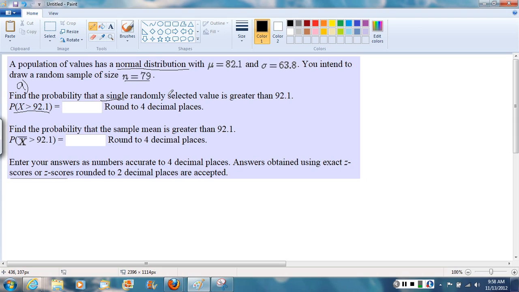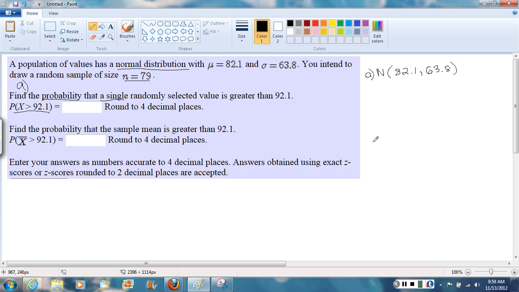So to answer part A, we can think back to some of the ideas of chapter 3, where we learned about normal distributions, and the ideas of chapter 10, where we learned about how to connect probability to the area under a curve. And let's begin part A by making a sketch of the normal curve we're dealing with. So it's a normal curve with mean 82.1, standard deviation 63.8.